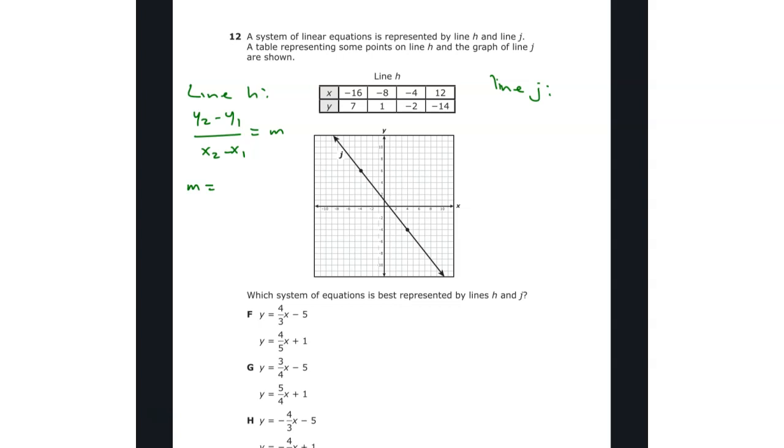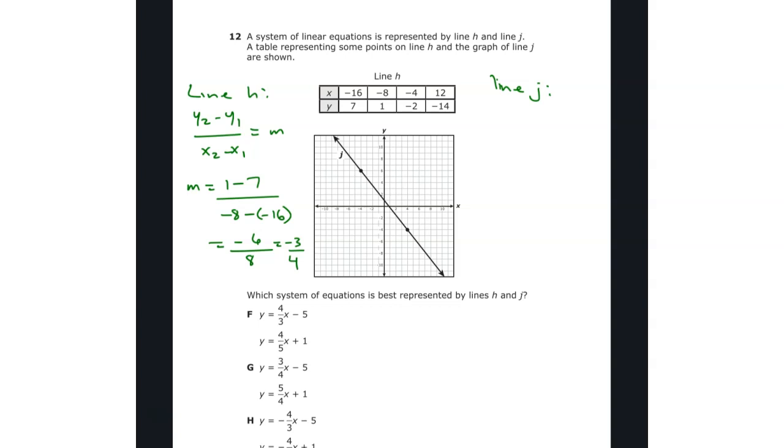y2 minus y1, so 1 minus 7 over x2 minus x1, negative 8 minus negative 16. So negative 6 over negative 8 plus 16, that's 8. So this is negative 3 over 4. So let's park that in the corner.